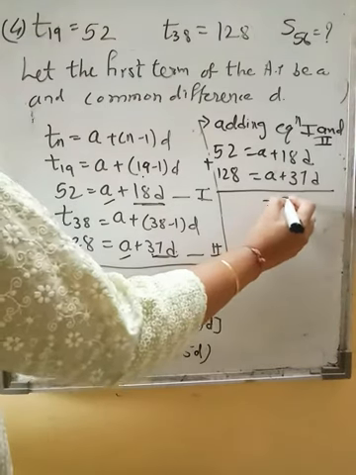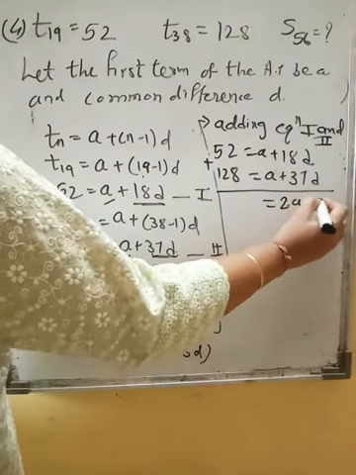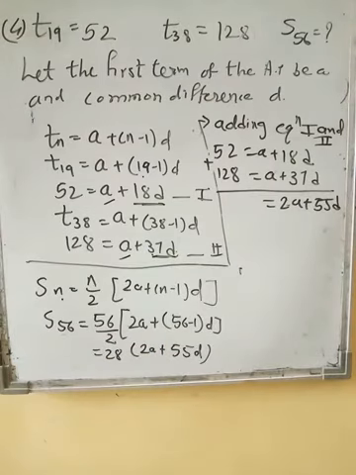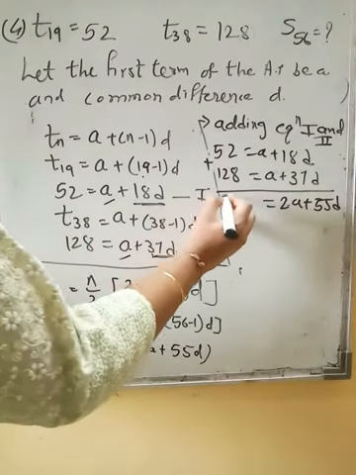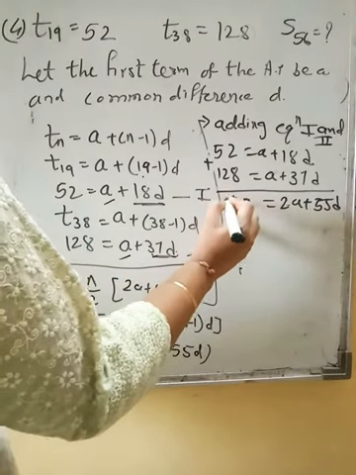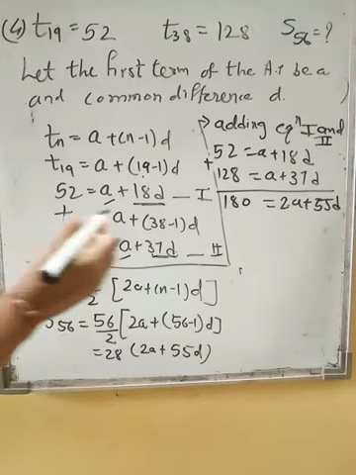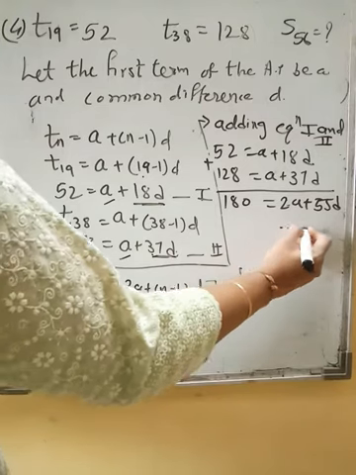Here it will be 2a plus 55d, and here it is 180. Right? So children, this you give as number 3.